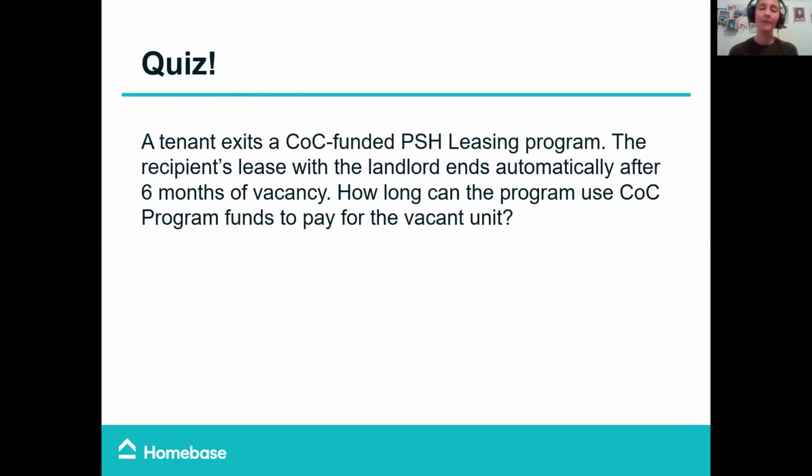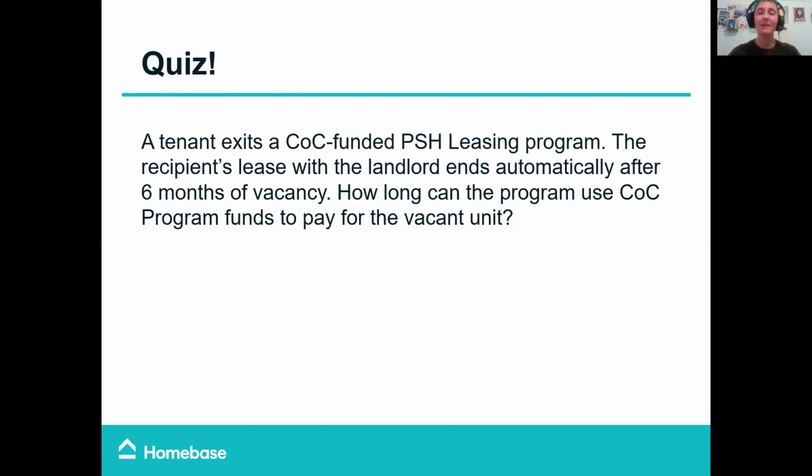How long can the program continue to use CoC program leasing funds to pay for this vacant unit? All right, I'm going to throw up a poll question here. All right, so you should see the poll question launched.